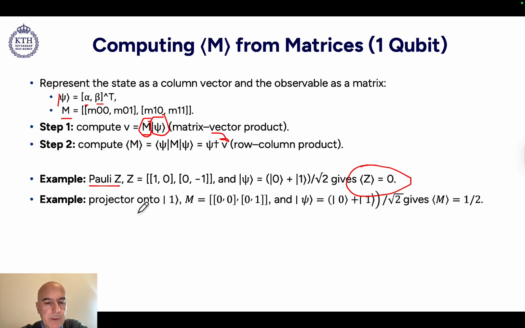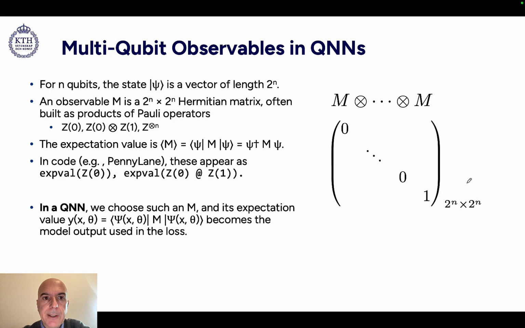In the case of a projector, this will give 0.5, as I mentioned when discussing the previous slide. We can generalize this to a multi-qubit observable. What we're going to do is just build a tensor product of these matrices and then apply it in the very same way to our quantum system, which in this case will be a multi-qubit system.